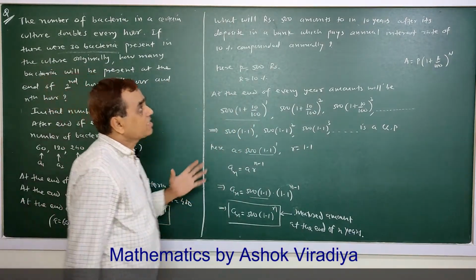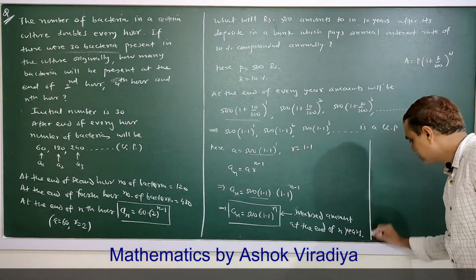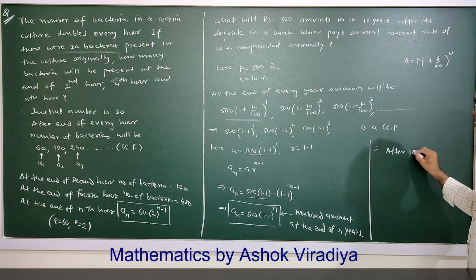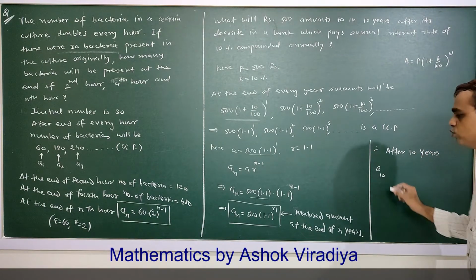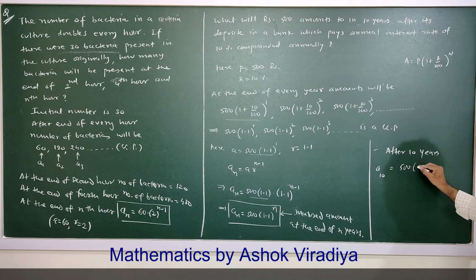Now the question is, we are asked after 10 years. So after 10 years, putting n equal to 10, this is 500 into 1.1 raised to 10 rupees.